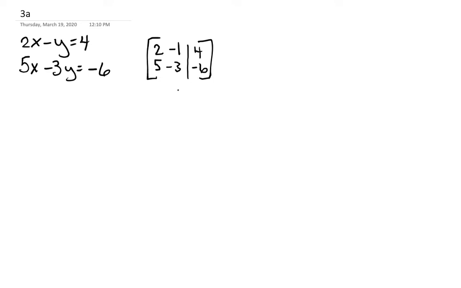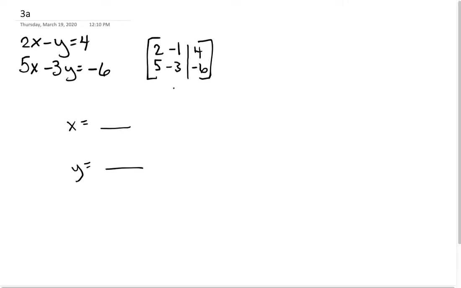First thing I want to do is find my determinant so that I can find the denominator of my x and the denominator of my y. So my determinant is going to be 2 times negative 3 minus 5 times negative 1, which gives me negative 6 plus 5, so I have negative 1 as my denominator.